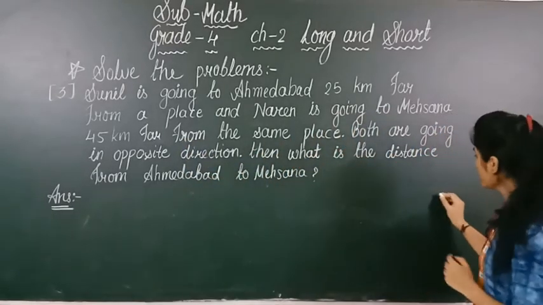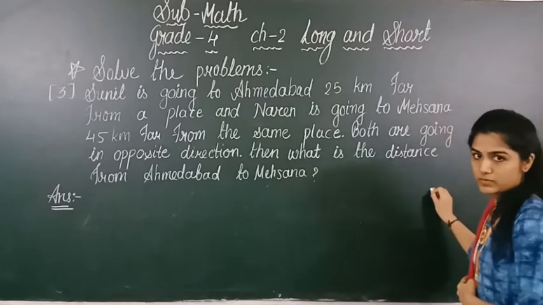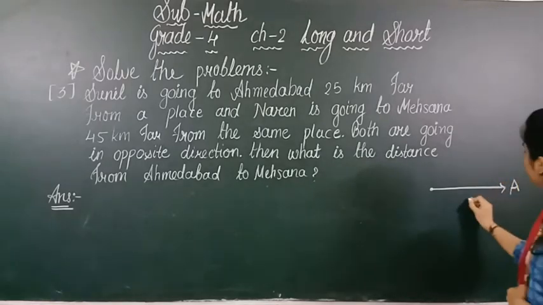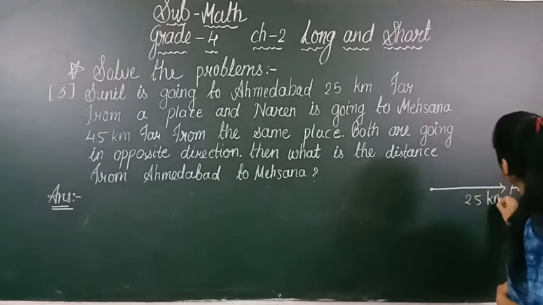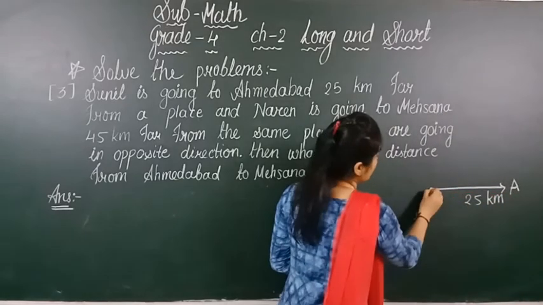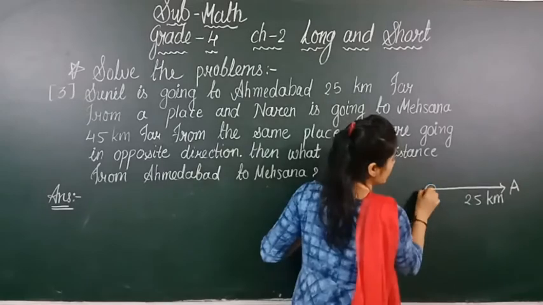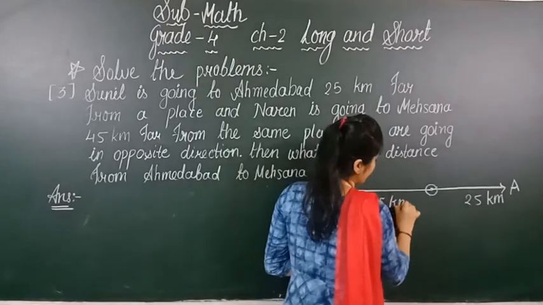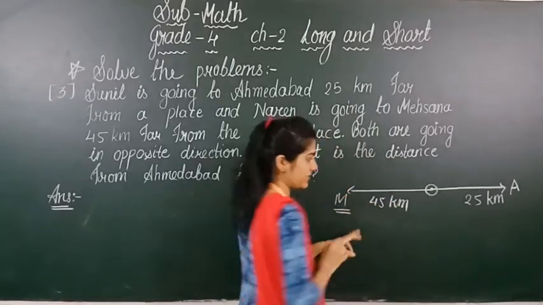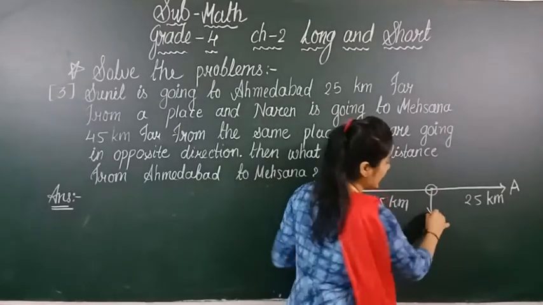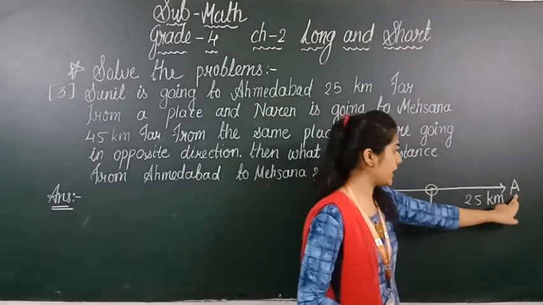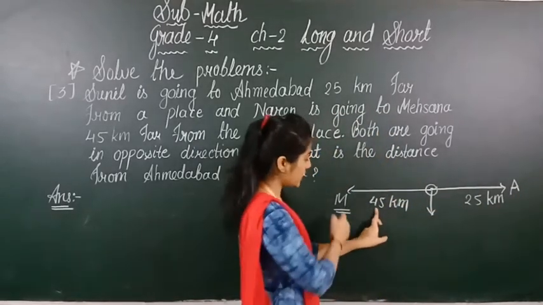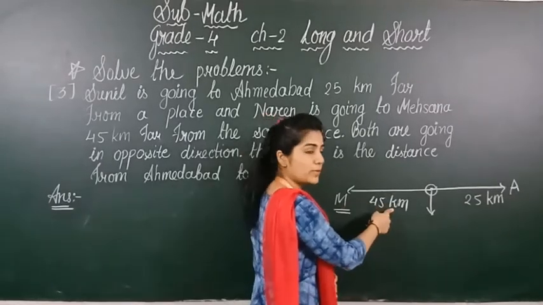Firstly, suppose we have one particular place, and Sunil is going to Ahmedabad, which is 25 kilometer far, and Naren is going to Mehsana from the same place, which is 45 kilometer far away. Suppose this is the starting place, and Sunil is going to Ahmedabad, A for Ahmedabad, 25 kilometer far, and Naren is going to Mehsana, 45 kilometer far away.